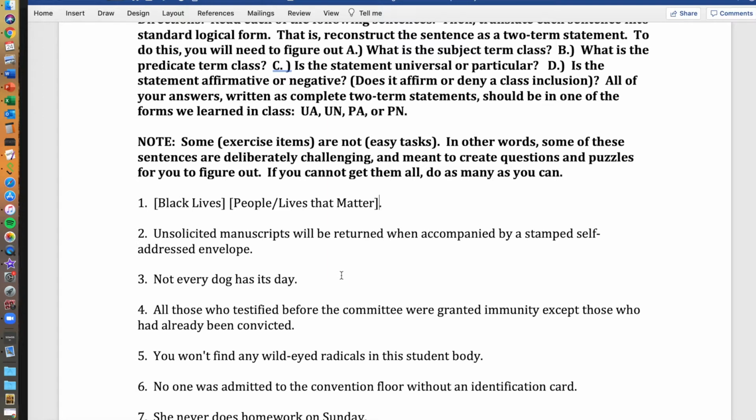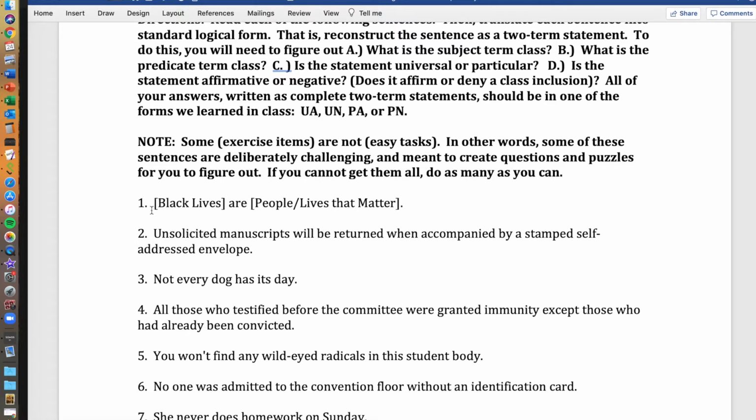So we have the subject term and the predicate term. Now we need to figure out whether the statement is affirmative or negative and whether it is universal or particular. So we are saying Black Lives Matter. That's an affirmative statement, right? So in other words, we are saying all Black lives are in the category of people or lives that matter.